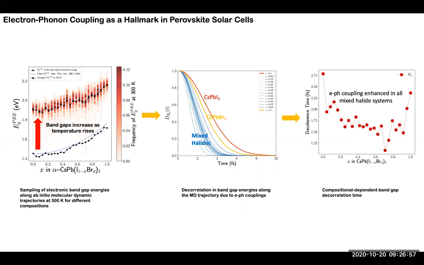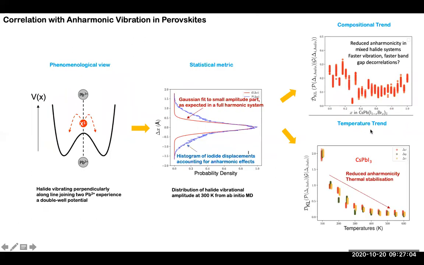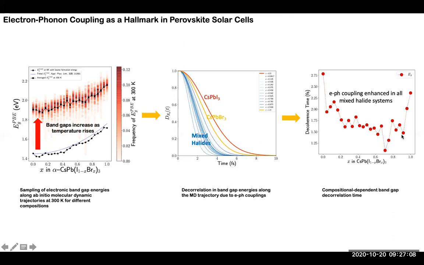Okay. Let me put it this way. I think they partially reflect what we observe experimentally, because if you look here, the short decoherence times mean there are stronger electron phonon couplings in the system.